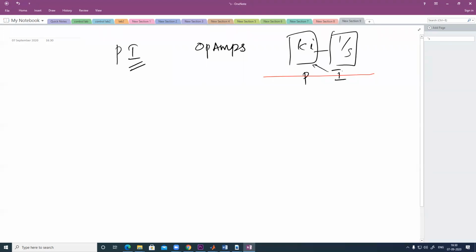Integral gain is Ki and integrator is 1 by S. And it is implemented using op amps only. And op amps, as earlier mentioned, can supply maximum of plus or minus 15 volt as supply voltage.